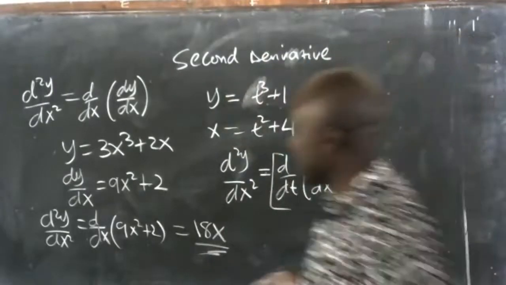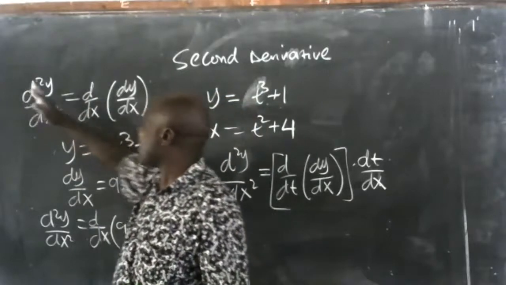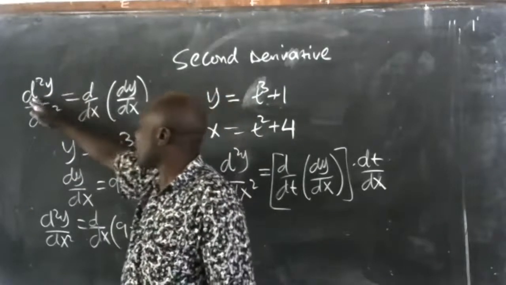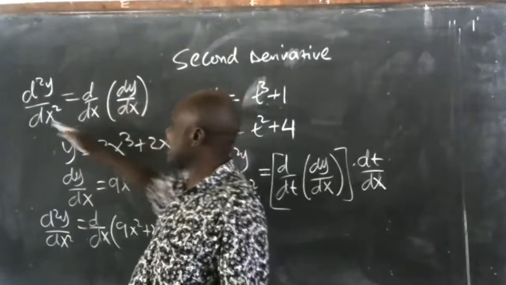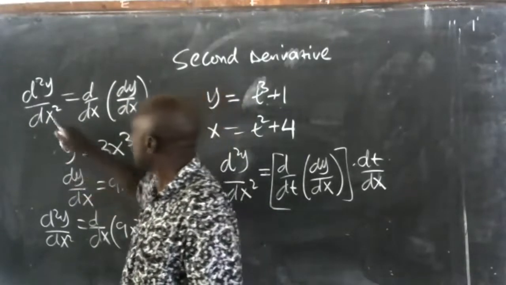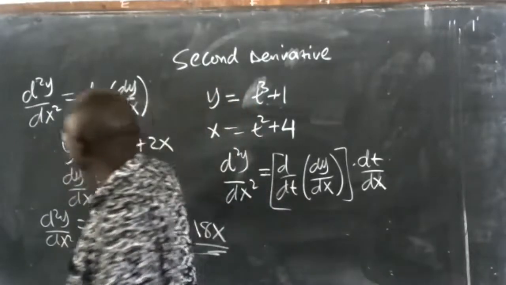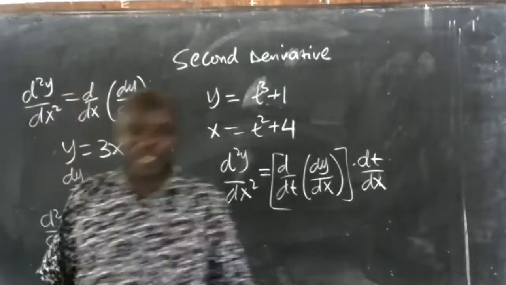Okay, now someone was asking why, for the second derivative of y, it is written with a square on the d, but here you don't have the square on the x, you have the x squared. This is a definition.